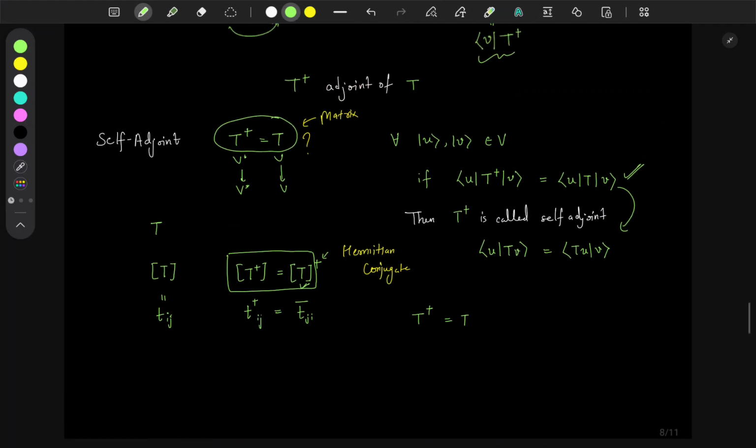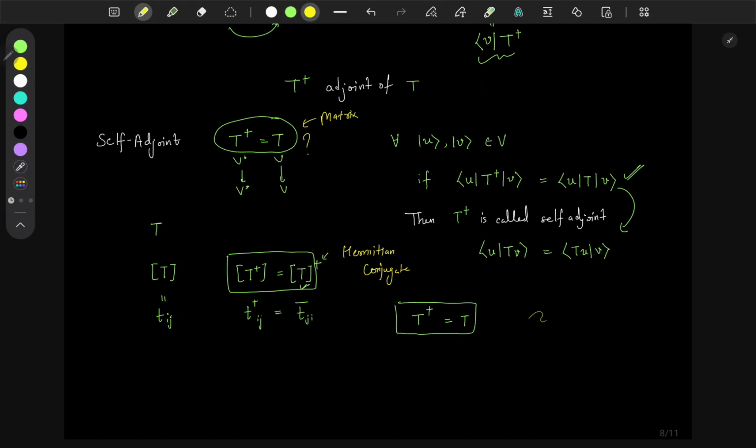Such matrices which have these properties are called Hermitian matrices. So the self-adjoint operators are represented by Hermitian matrices. That's why they are also called Hermitian operators.